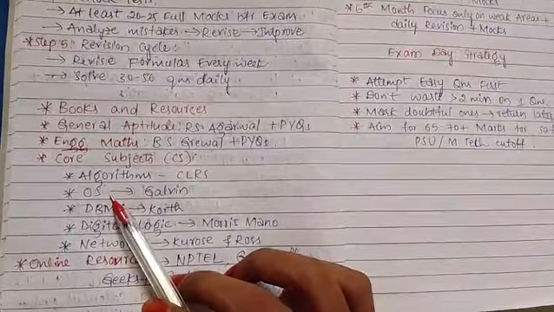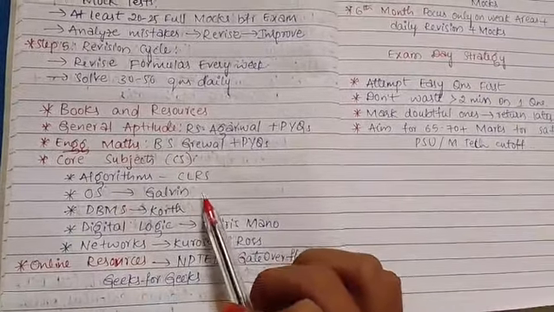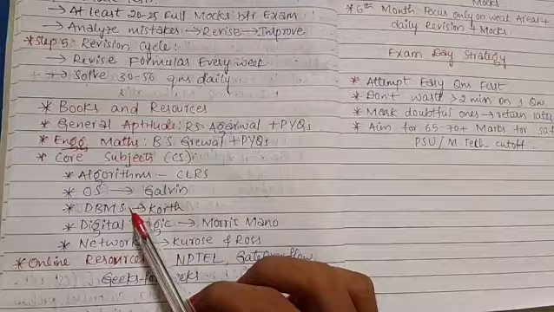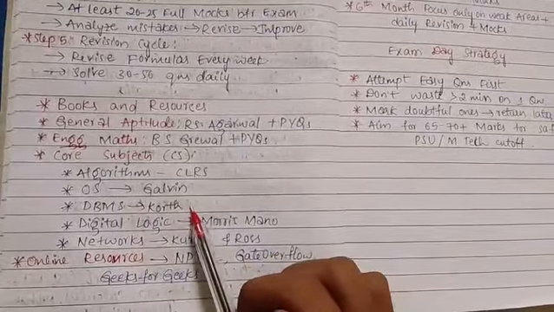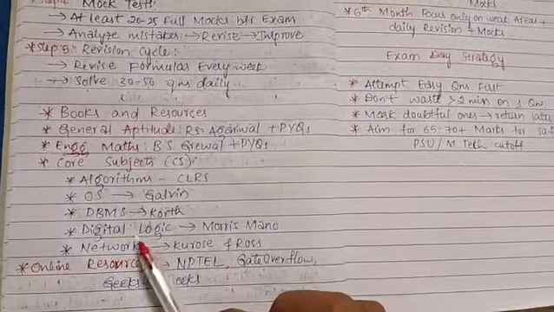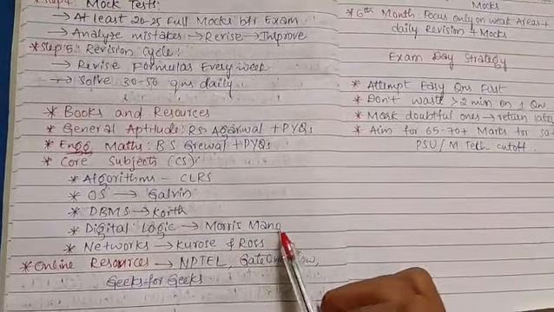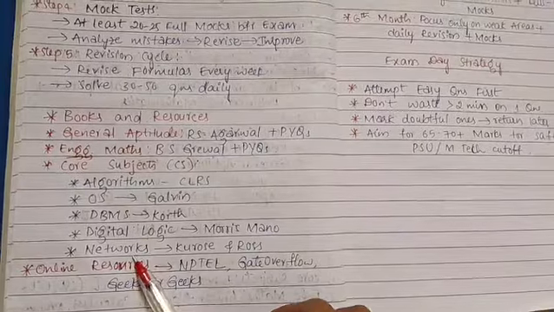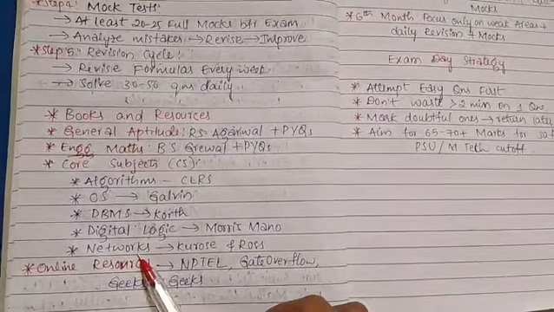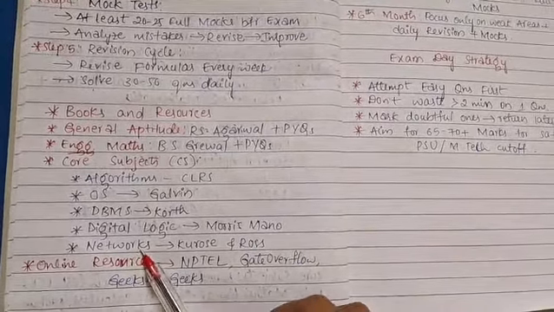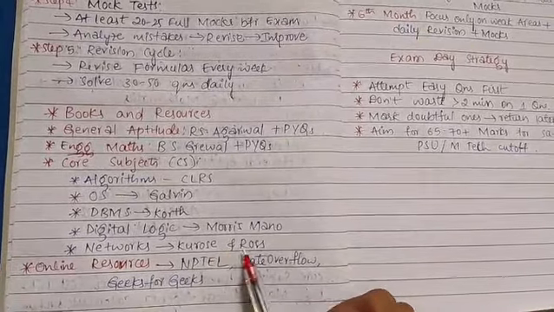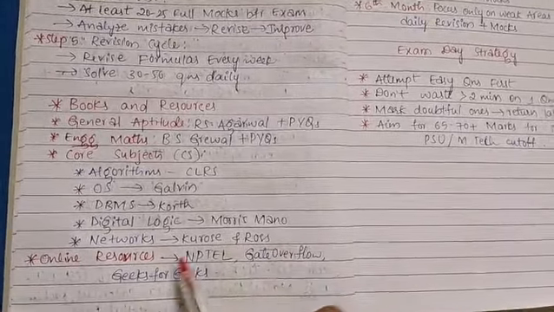For operating system, you have to refer the Galvin textbook. For DBMS, database management, you have to refer the Korth book. And for digital logic, you have to refer the Morris Mano textbook. And for computer networks, you have to refer the Kurose and Ross textbook.